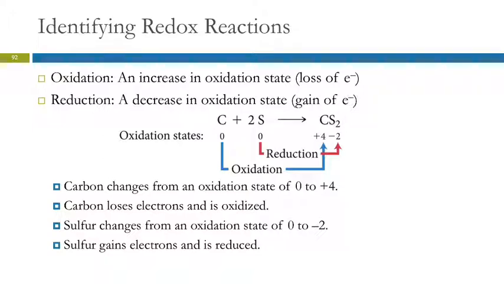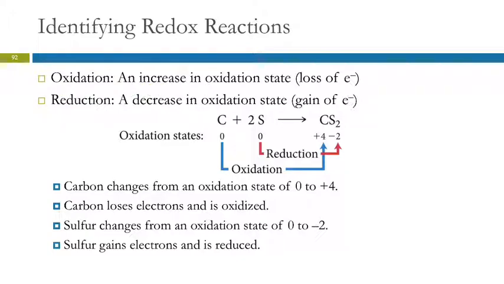So how do we identify redox reactions? We learned oil rig. Oxidation is loss of electrons. Reduction is gain of electrons. If you have oxidation and you lose an electron, then your oxidation state goes up, right?